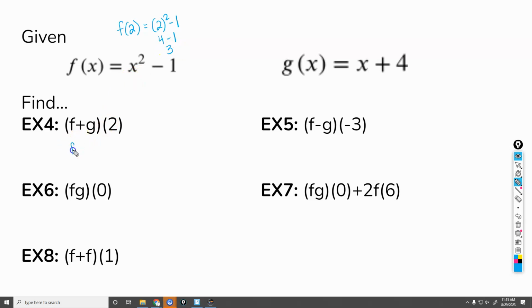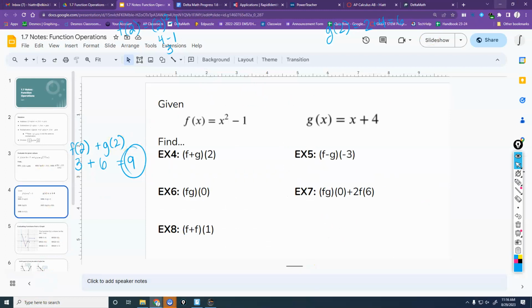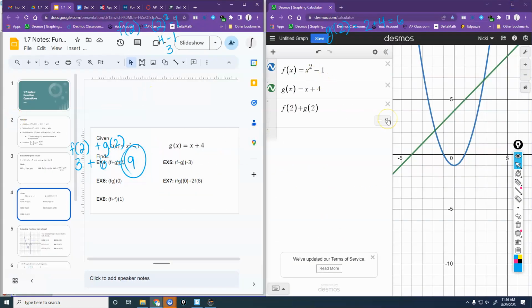So we'd have f of 2 plus g of 2. This would be 3. And then we do g of 2. G of 2 would be 2 plus 4, which would give 6. 3 plus 6 equals 9. All right, so you could do it by hand just like we've been doing it. But if you want, Desmos does do these problems. So we can rely upon it. It gave us 9 as our answer.